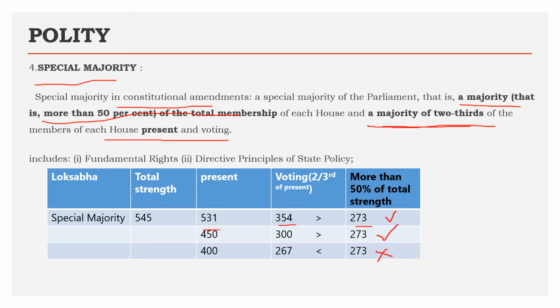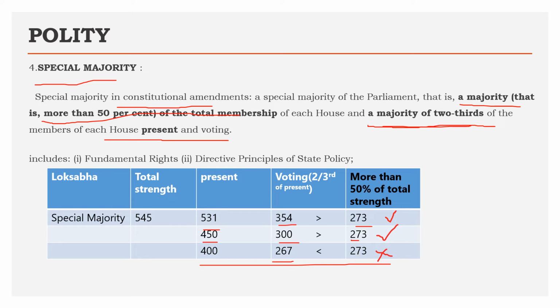And now if you see the second case, where 450 members are present, obviously 2/3 of 450 is 300, and here this criteria is fulfilled, and also more than 50% of total strength support is fulfilled, that is 273. And if you see the third case, if 400 members are present, even if 2/3 of them give their support, that is 267.